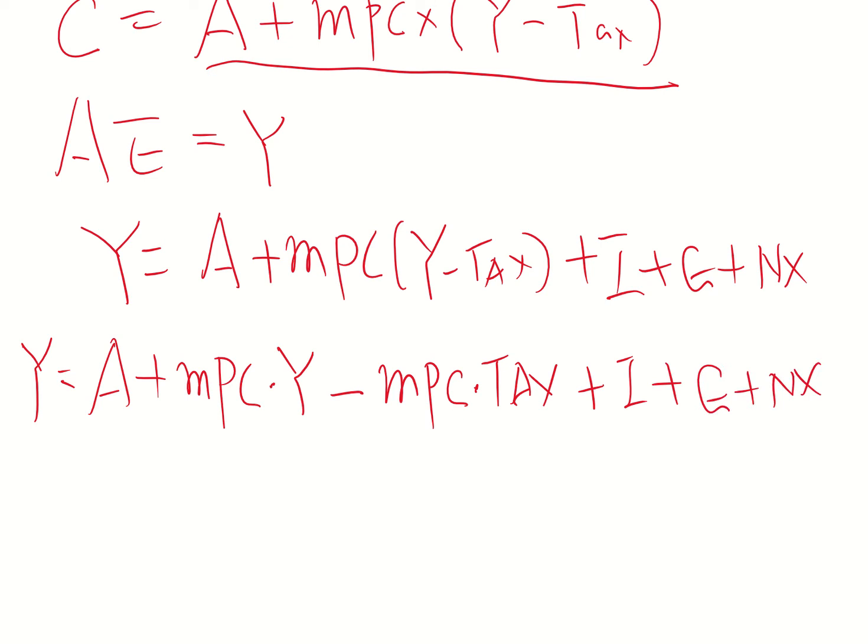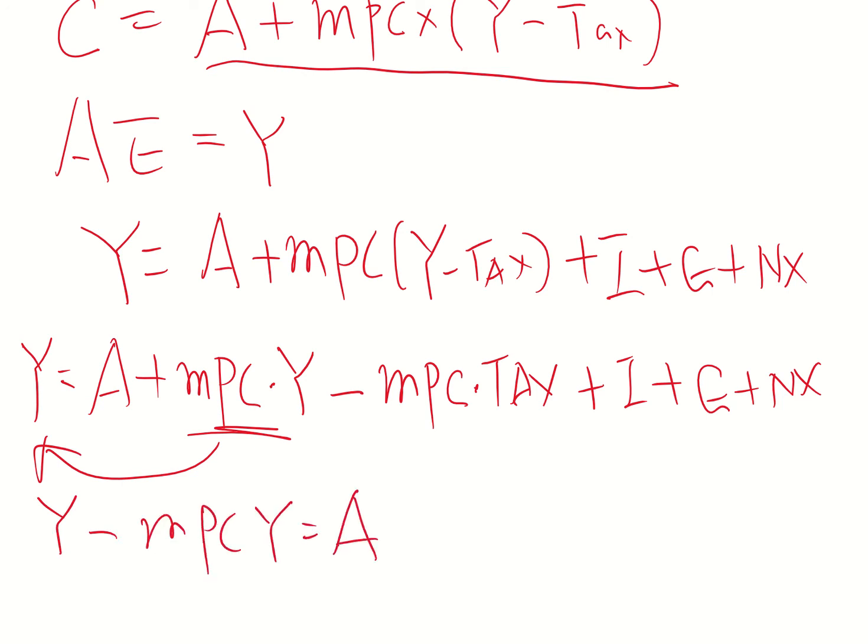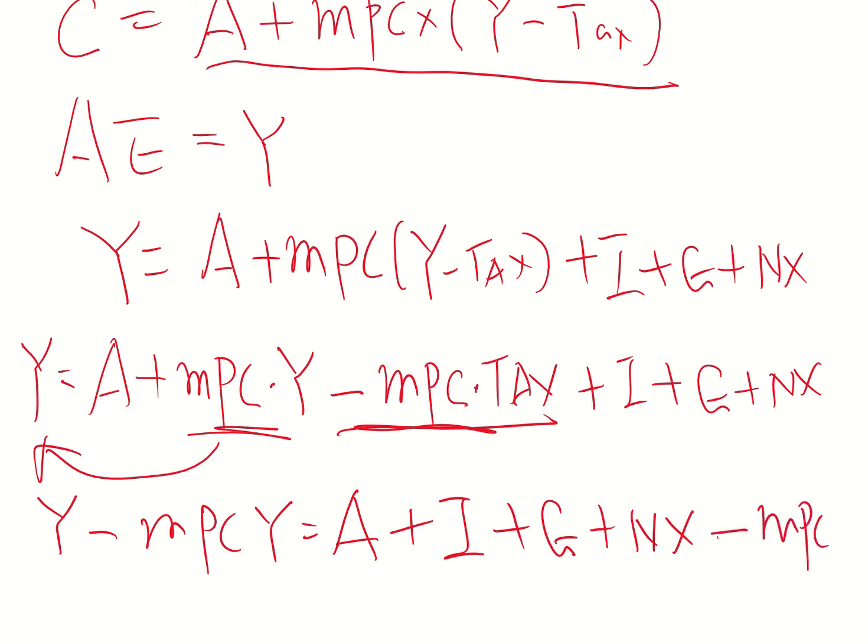And then I'm going to move this one to this side, right? So Y minus MPC times Y equals autonomous consumption. I'm going to leave this one at the very end, right? So plus I plus G plus NX, and then minus MPC times tax.